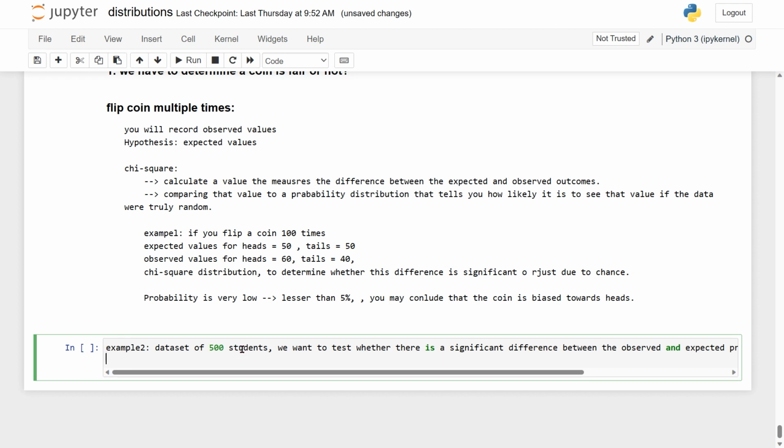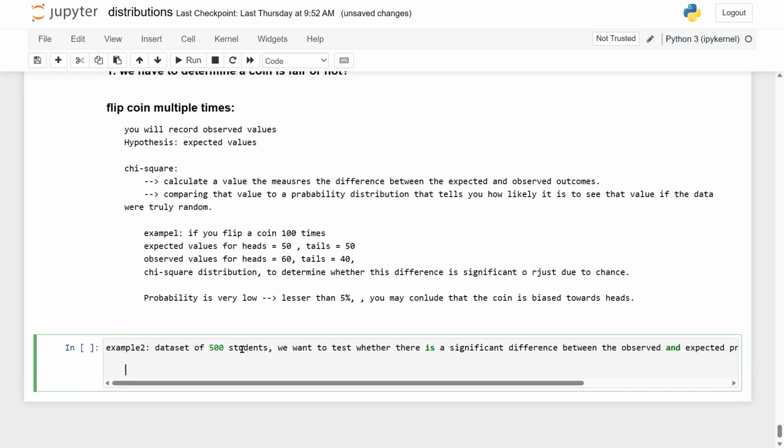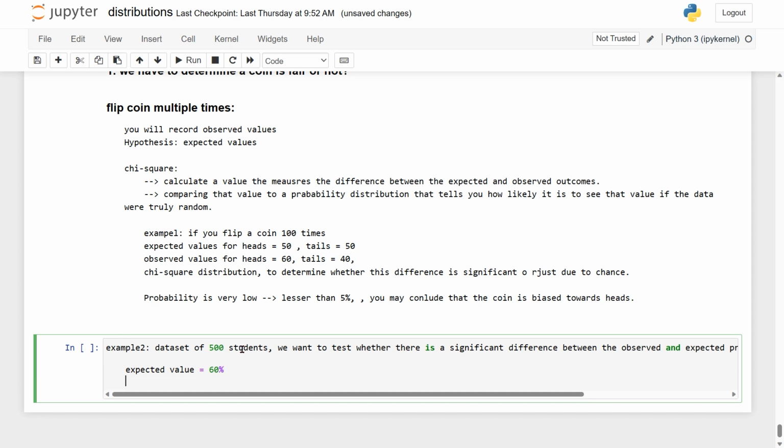Now for that, our expected proportion is equal to 60 percent. So the expected frequency would be 60 percent times the total number of students, 500.